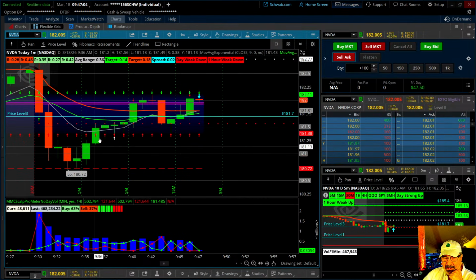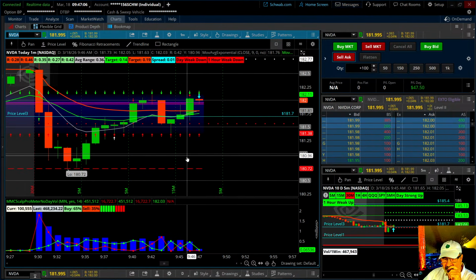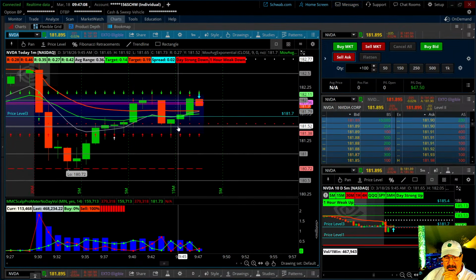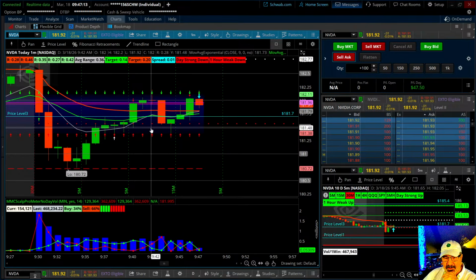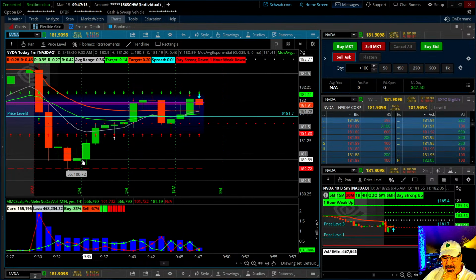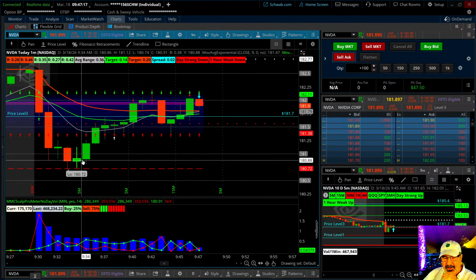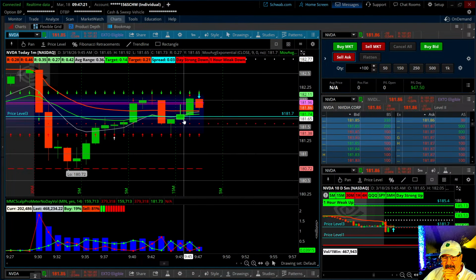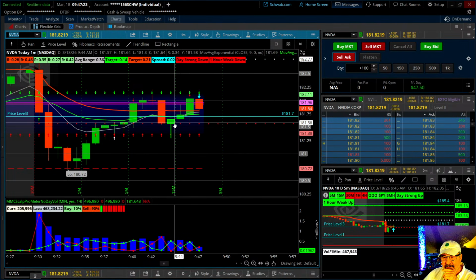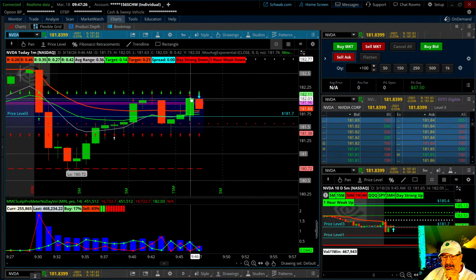So here is a bull flag. Not a great one, but it is a bull flag on the 1 minute. 82% chance of moving upward. I didn't actually notice that at first. So 80 up to here, 89, 75 cents up from here. So 82.25.